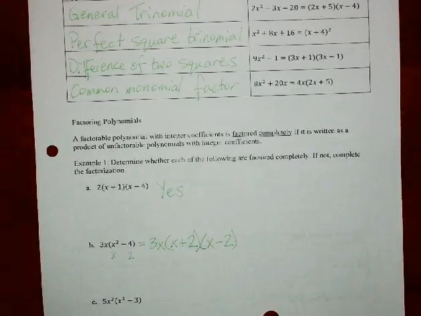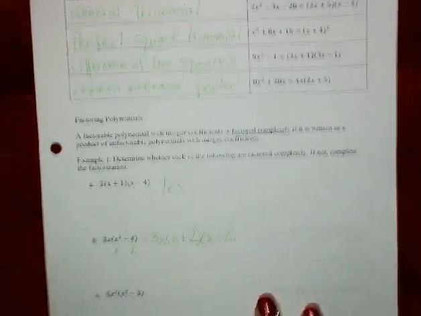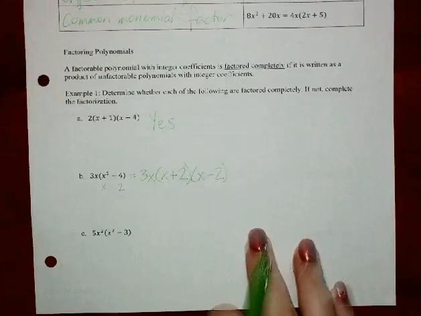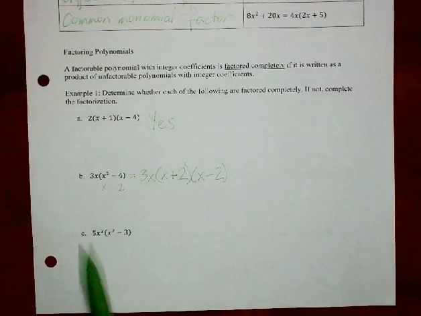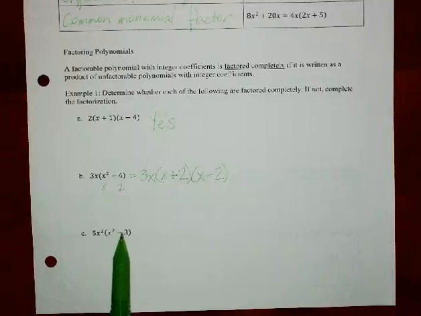Okay, and then the last one, 5x squared and x squared minus 3. So we don't have any fractions, and 5x squared can't be factored anymore. So we look at x squared minus 3.